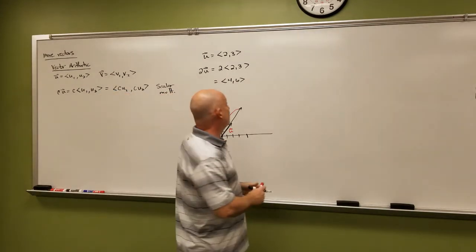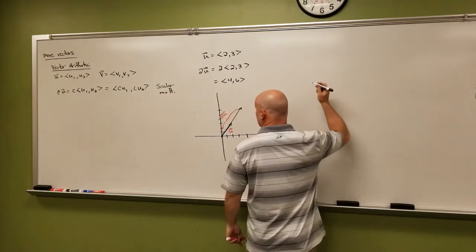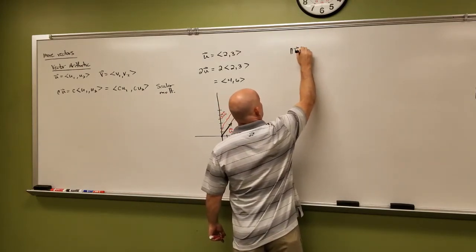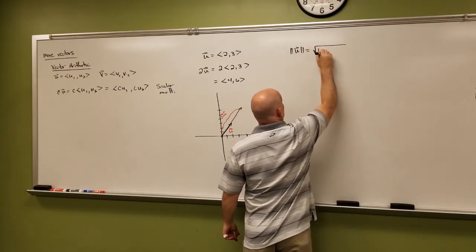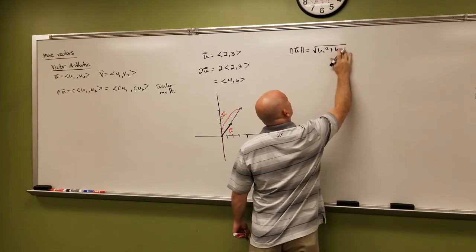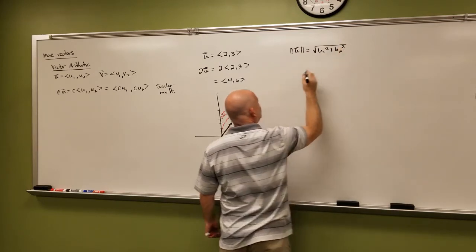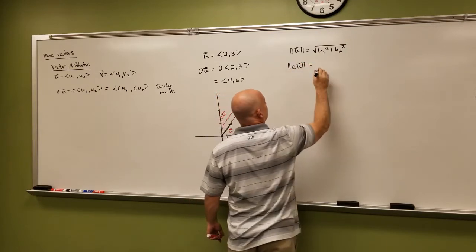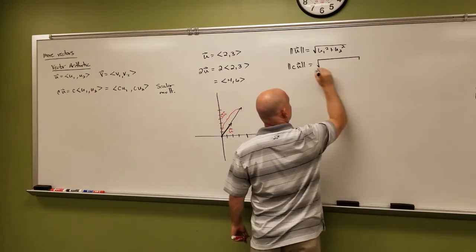And you can prove it pretty quick by just running this through our magnitude. We know from before the magnitude of a vector is the square root of the sum of the components squared, u1 squared plus u2 squared. So what happens if I do the magnitude of a constant times that? Let's see if we can make it through some of this arithmetic.